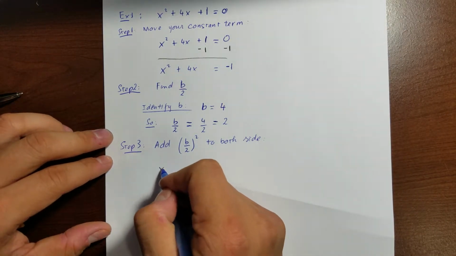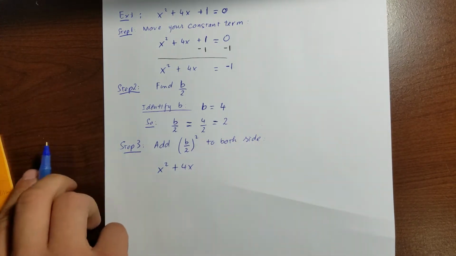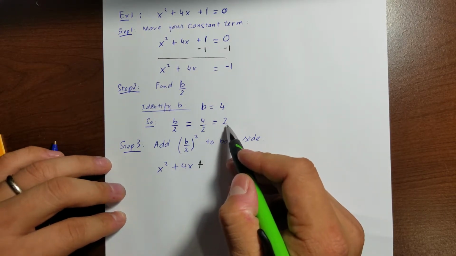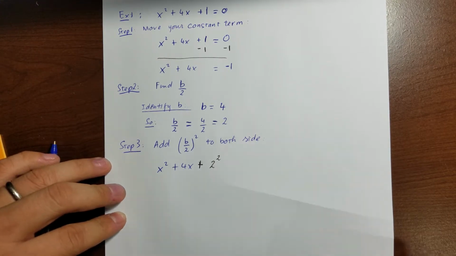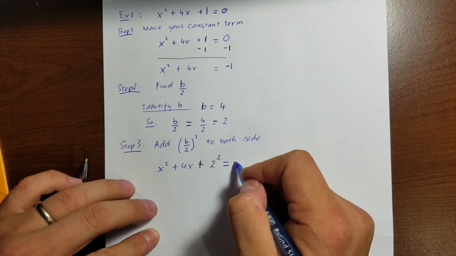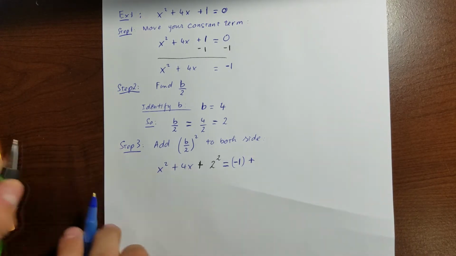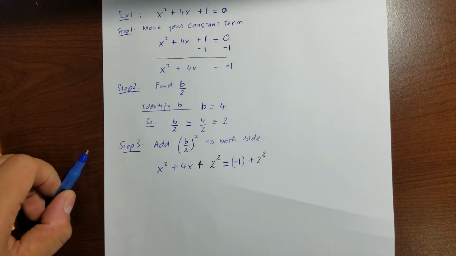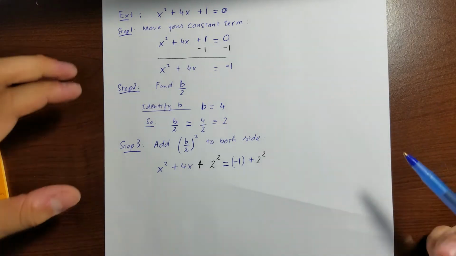Meaning that x squared plus 4x plus, since we found out that our b over 2 in this scenario is 2, therefore we add 2 squared, which should be equal to -1 in parentheses, add 2 squared. Again, if I move too fast, you can pause the video and make sure you understand each of the steps before you move on.